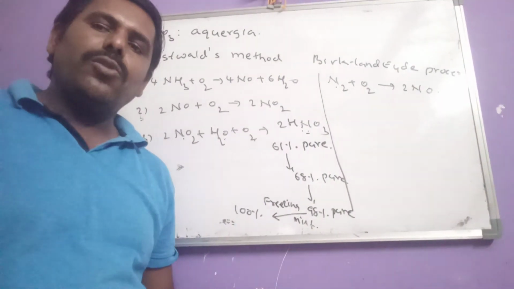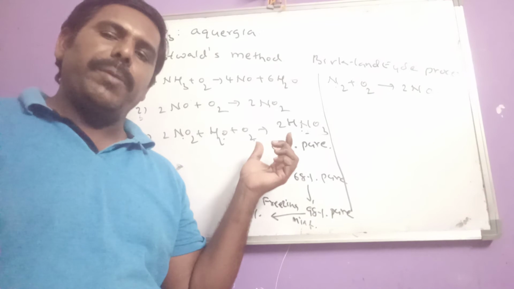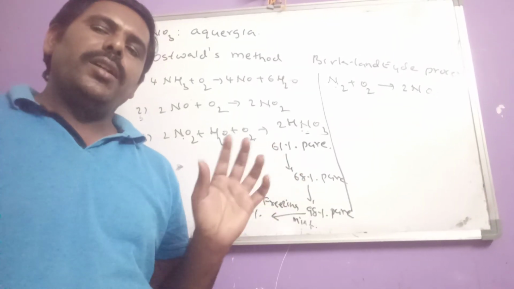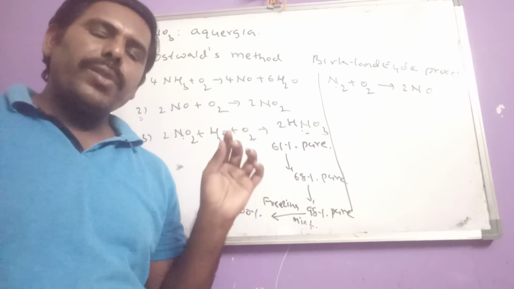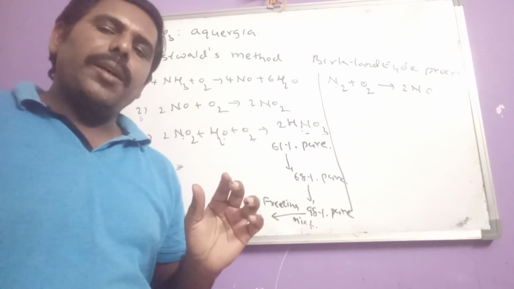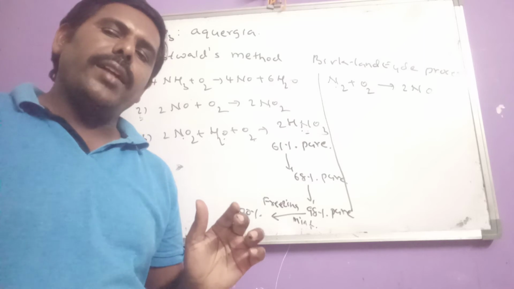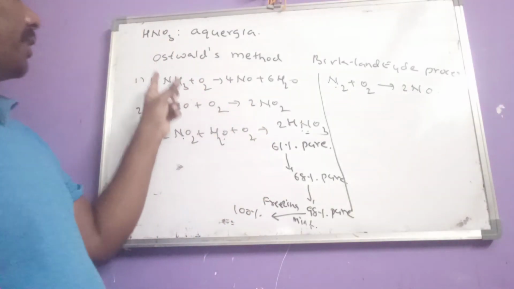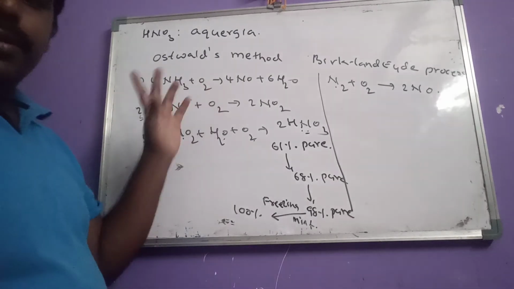And what are the questions regarding these preparation methods we get in competitive exams? So the first question, what are the starting ingredients in the preparation of nitric acid using Ostwald's method? So the answer is ammonia and oxygen.